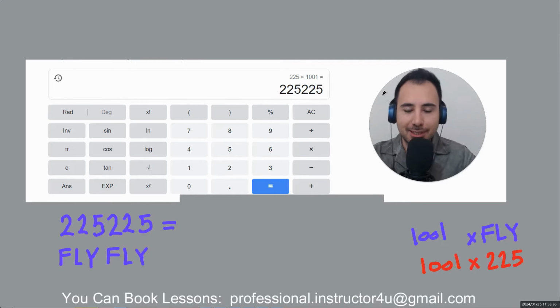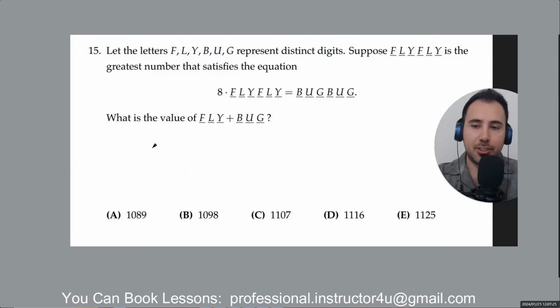Let's go and use this in our actual question. Now let's just apply what we just reviewed together. So 8 times this one. Instead of this, I'm going to write 1001 times FLY. So it's going to be 8 times 1001, multiplied by this FLY here, which is a 3-digit number.